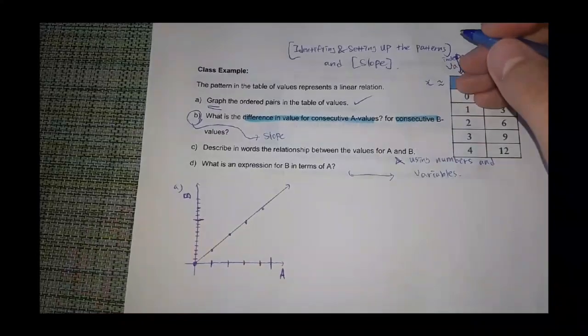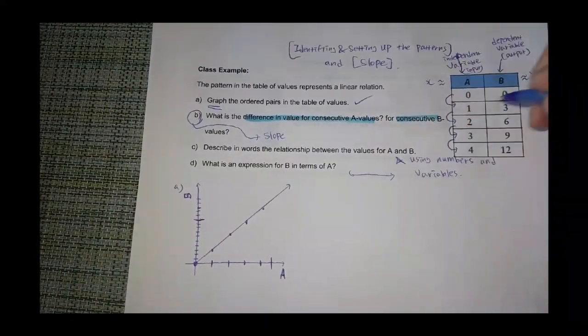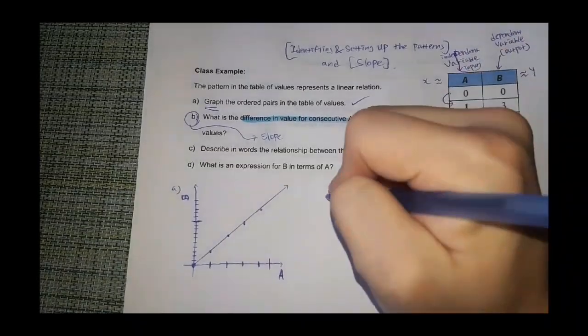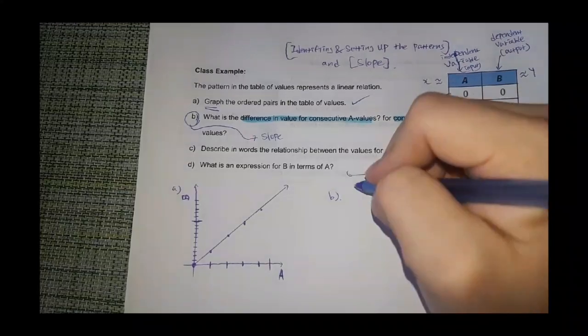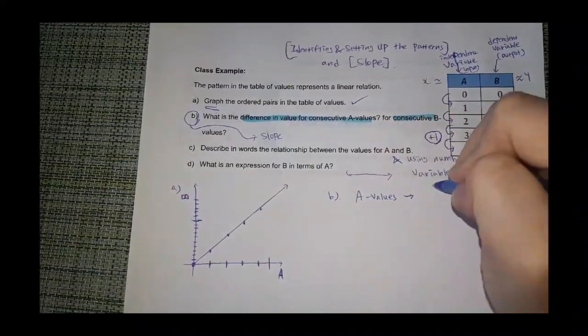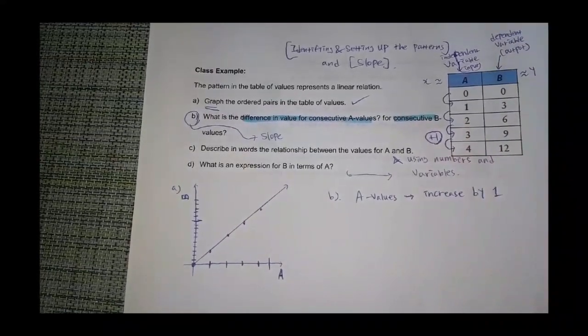If I look at my column A, 0 to 1, 1 to 2, 2 to 3, 3 to 4, as you may notice, everything is increased by 1. So, I like to say, when it comes to A values, they all increase by 1.